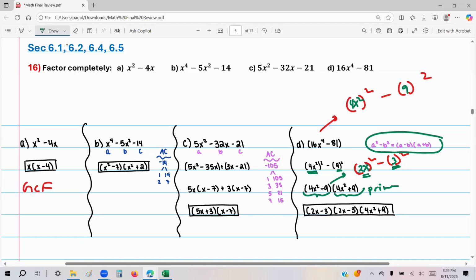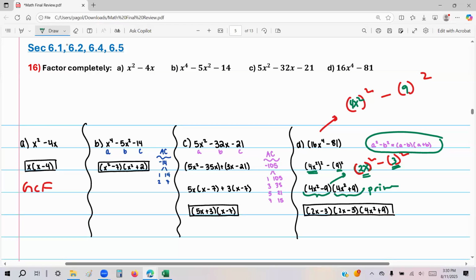Now here, we have 4th degree. As long as one of the powers is twice the other power, we can factor, if it's factorable. So two numbers multiplied to 14 and combined to 5: 7 times 2, and minus 7 plus 2. The bigger number gets the middle sign, and we decide the sign for the smaller number.